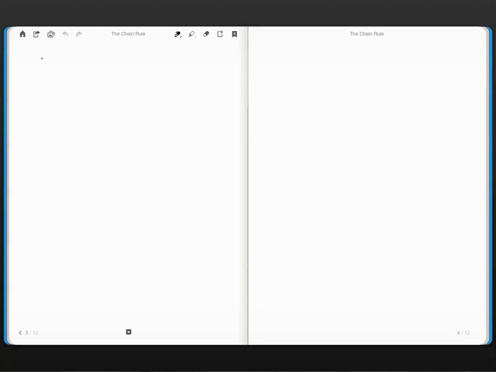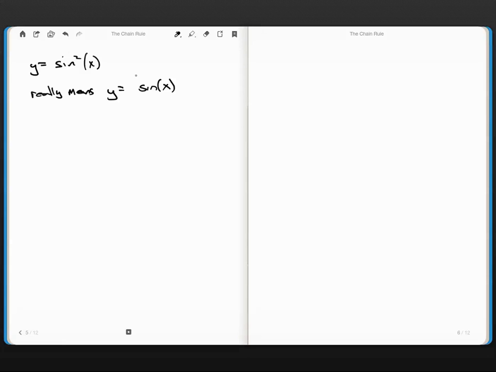y equals sine squared of x. Now this is a really confusing one because this notation is very confusing. So this really means y equals the sine of x, this whole quantity squared. This is not multiplication, it's the sine of x.